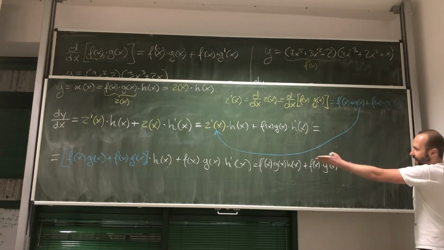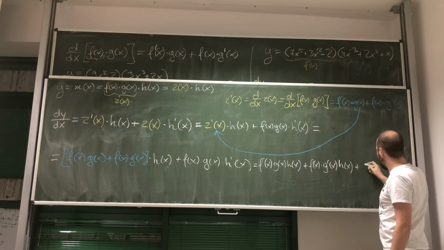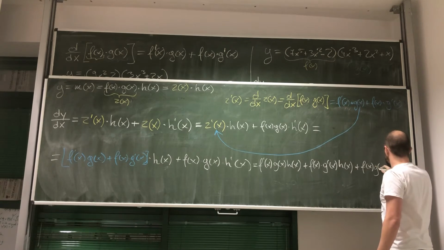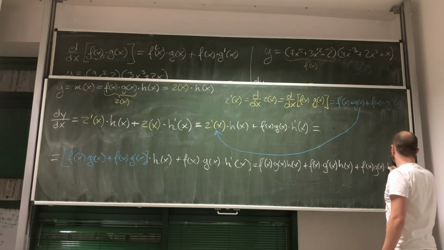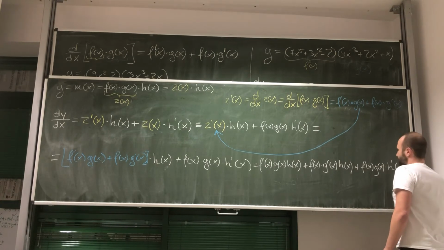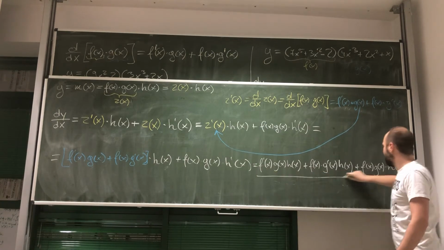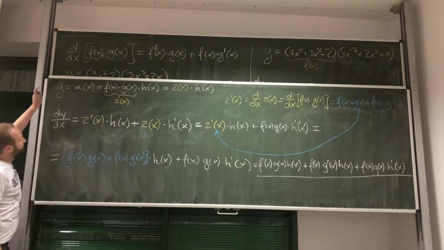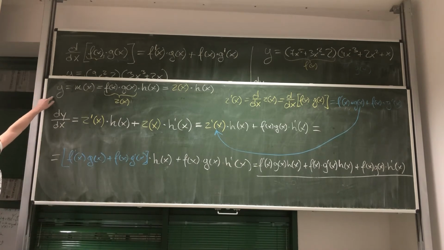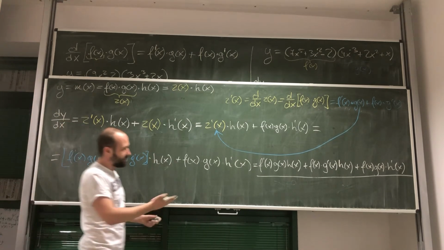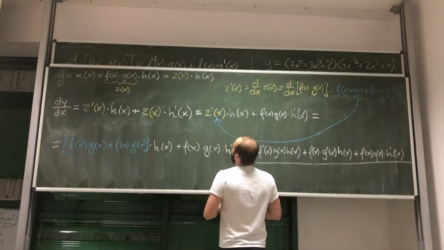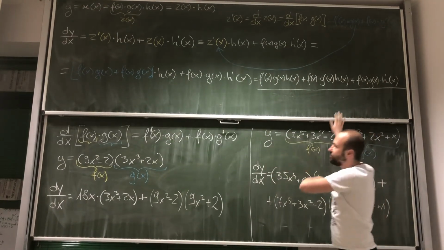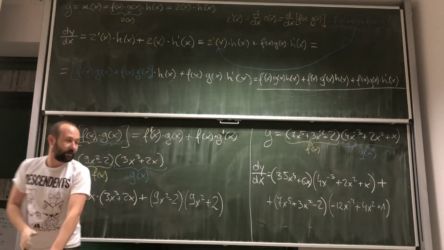And then I'm just adding the last one, f of x times g of x times h prime of x. And now, look, what we did is we actually found the derivative of this function. We just rewrite it in a different form, following exactly the same logic as we had over here.